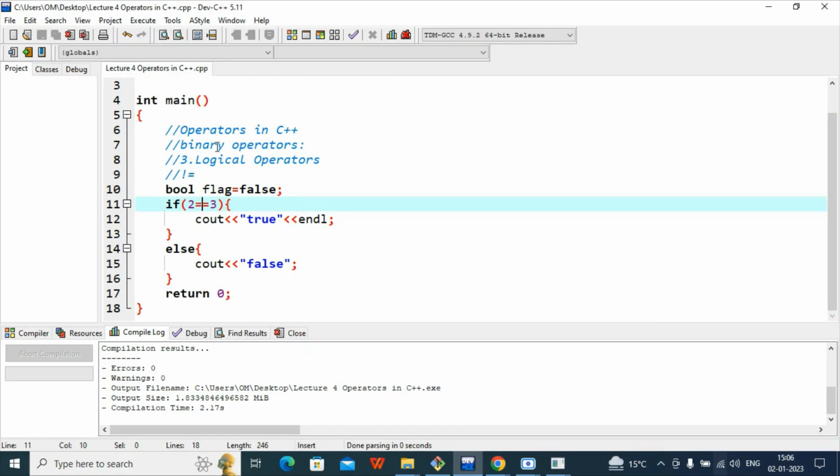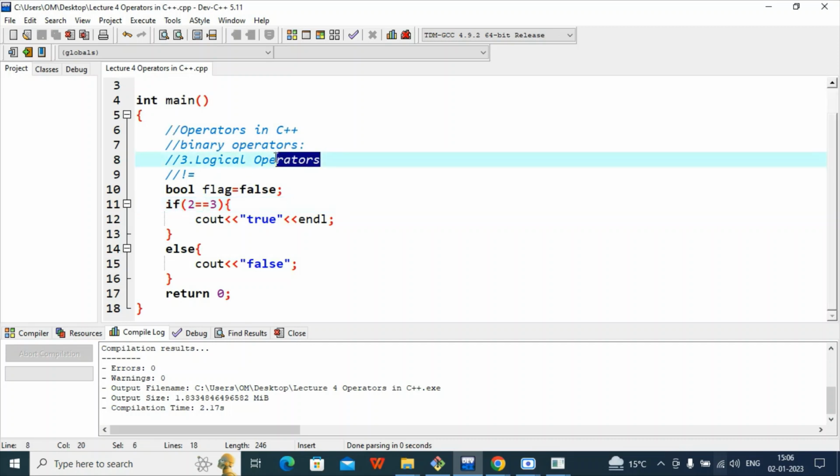Now all your binary operators are wound up, except for one. There is one operator left, called the bitwise operator. I'll teach you this at the end of this session because it is quite wide, vast, and very tricky, and also very interesting.